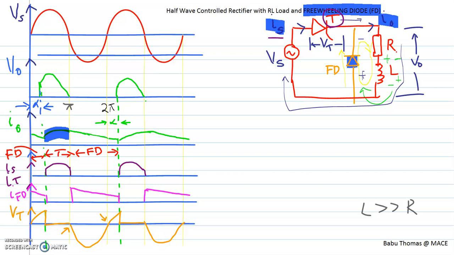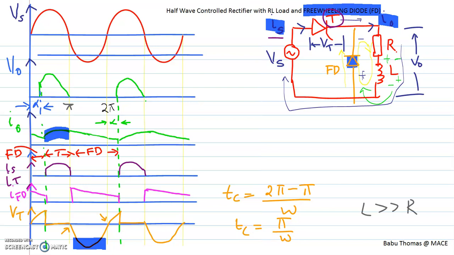Here we can see that your thyristor is in the reverse biased condition from pi to 2 pi. Therefore we can also write the circuit turn off time Tc as 2 pi minus pi divided by omega, that is nothing but pi by omega.